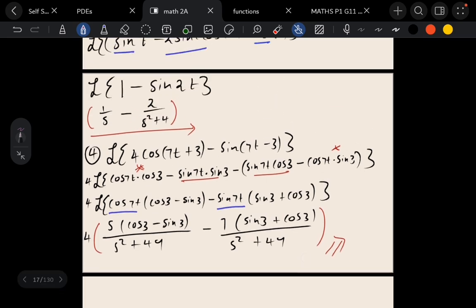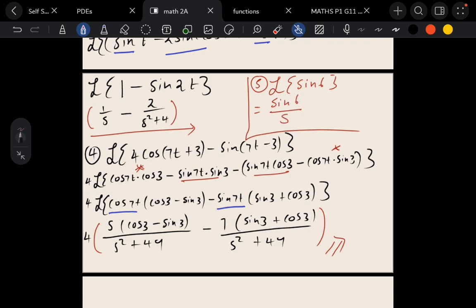So just keep in mind, number 5, that the Laplace transform of sin 6 is sin 6 over s, because sin 6 does not have a variable t. If it had the variable t, it would be different. But because 6 is a constant, in radians, your answer is going to be sin 6 over s.